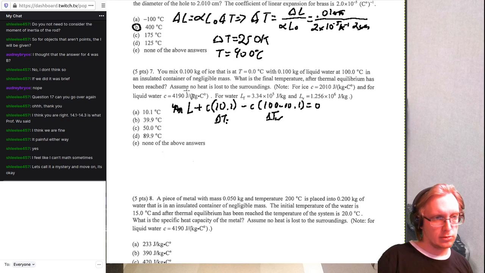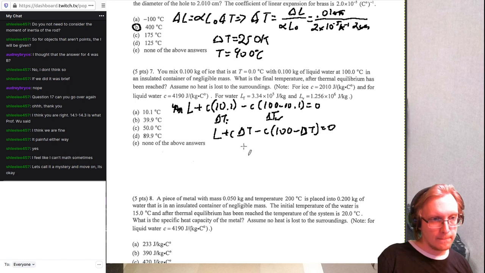This is rather unhelpful, rather confusing to me. Why is this being so weird? Okay, well, at least now, let's try this. L plus C, so here's our delta T, minus C at 100 minus delta T equal to 0.